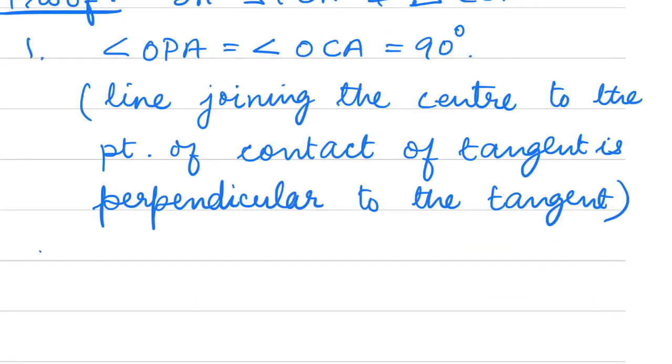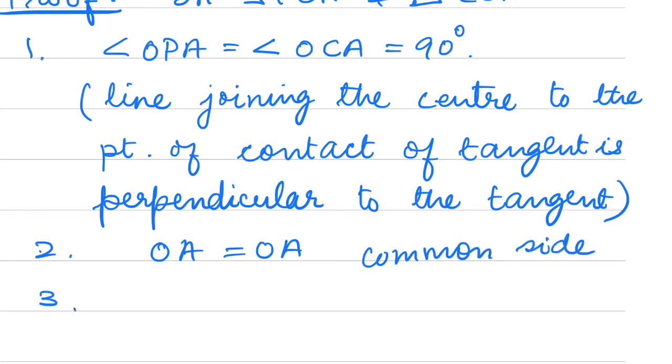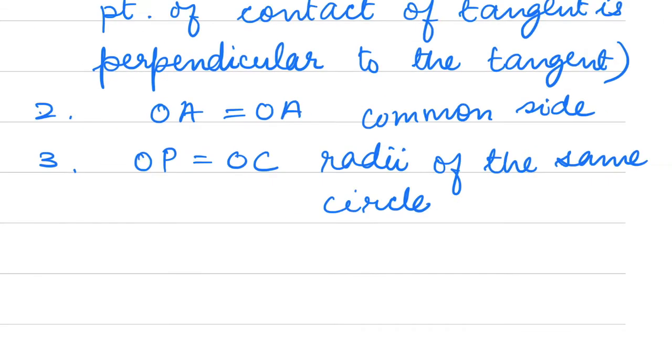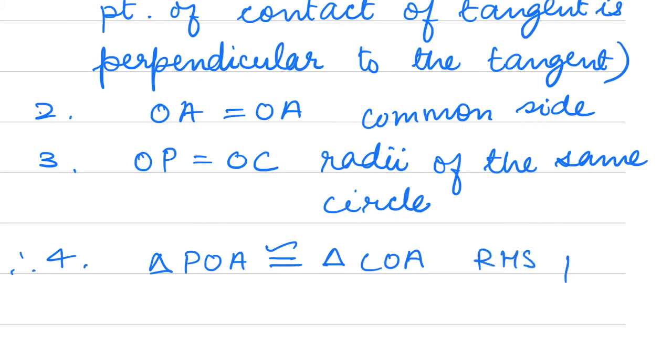First point. Second point, OA is equal to OA, common side. Third point, OP is equal to OC because both are radii of the same circle. Therefore, I can say that triangle POA is congruent to triangle COA by RHS property of congruency.